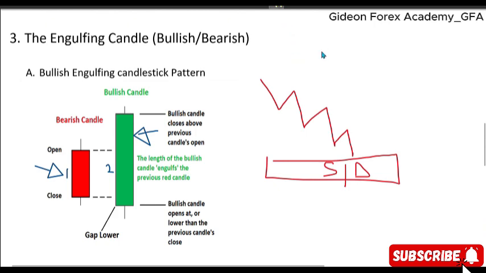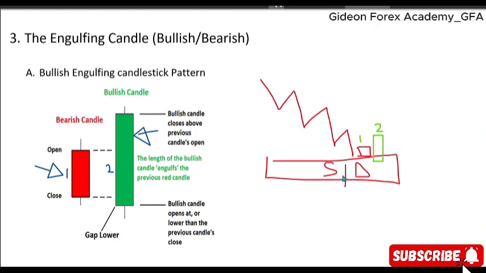Now, as you're looking to buy, you see this candlestick pattern forming. Let's say you see a candlestick pattern like this forming, quite aggressive like that. This is the first candle and this is the second candle, but the second candle totally engulfs the first candle. Its open is below the first candle's close, and its close is above the first candle's open.